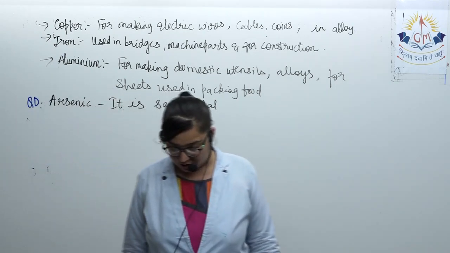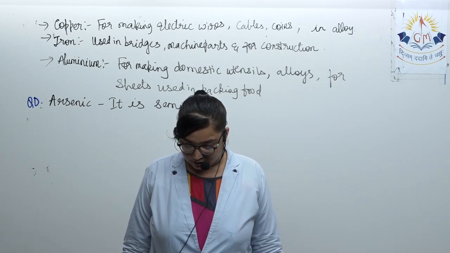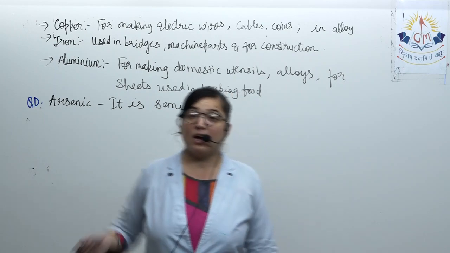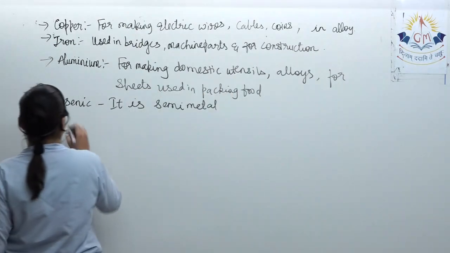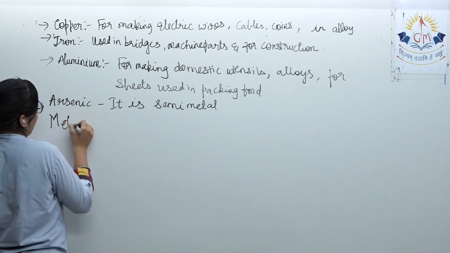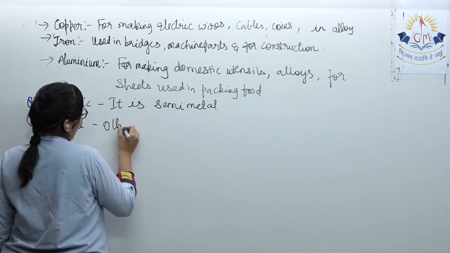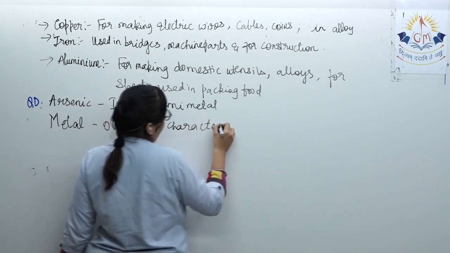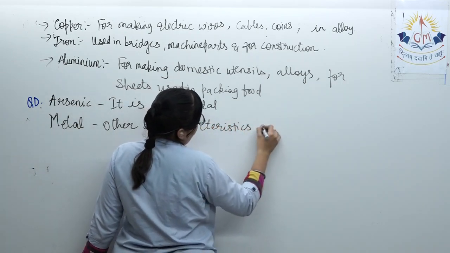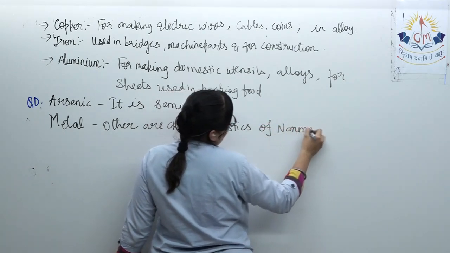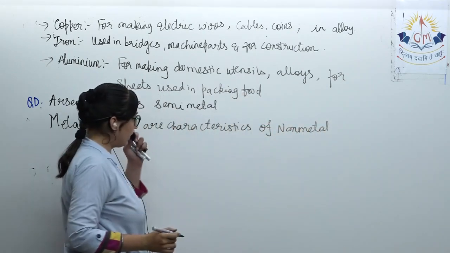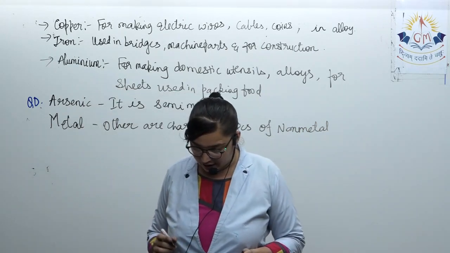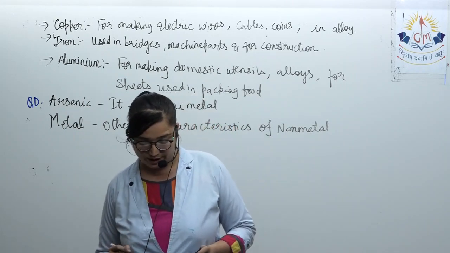Coming to the next answer. Dull, non-conductor, brittle, metal and non-metal. You can see all the others are characteristics of non-metals; only metal is differing. Let's move further. Iron, zinc, magnesium, copper and sodium.